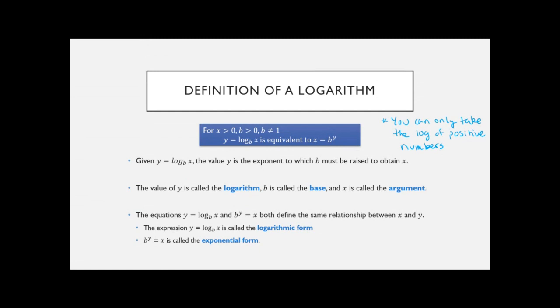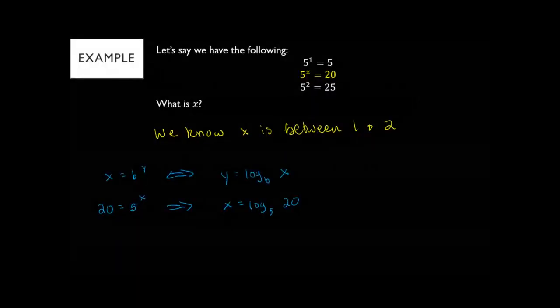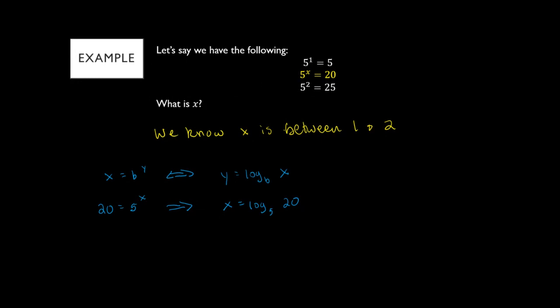If you've got y equals log base b of x, y is generally the exponent that b needs to be raised to in order to get an answer of x. Here, our exponent was x, so we need to raise 5 to some power x in order to get an answer of 20.